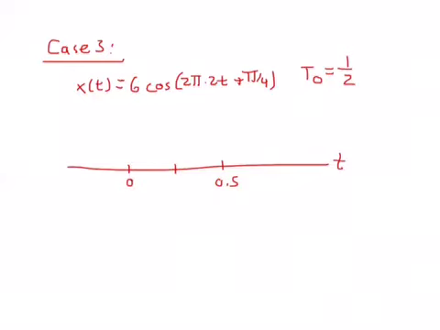So it should repeat every half a second. And the plus pi over 4 here, we've got actually a small shift of this signal. So it's a cosine, it's shifted to the left here by 0.0625. So the peak is here, and then it's going to go down and come back up here.